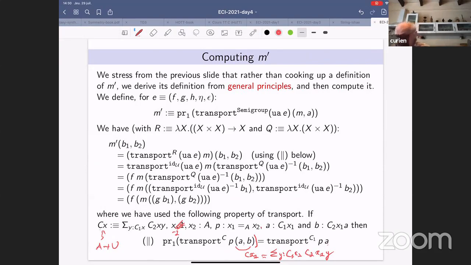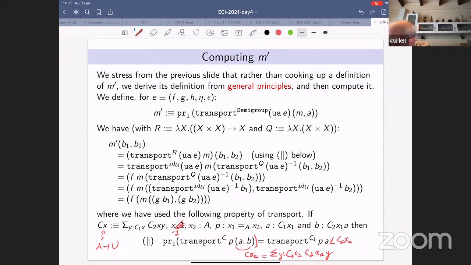And the important thing here is to make sure that this is type checking. So let me type check it. So this A, as I said, is in C1 of X1. P is an equality from X1 equals X2.